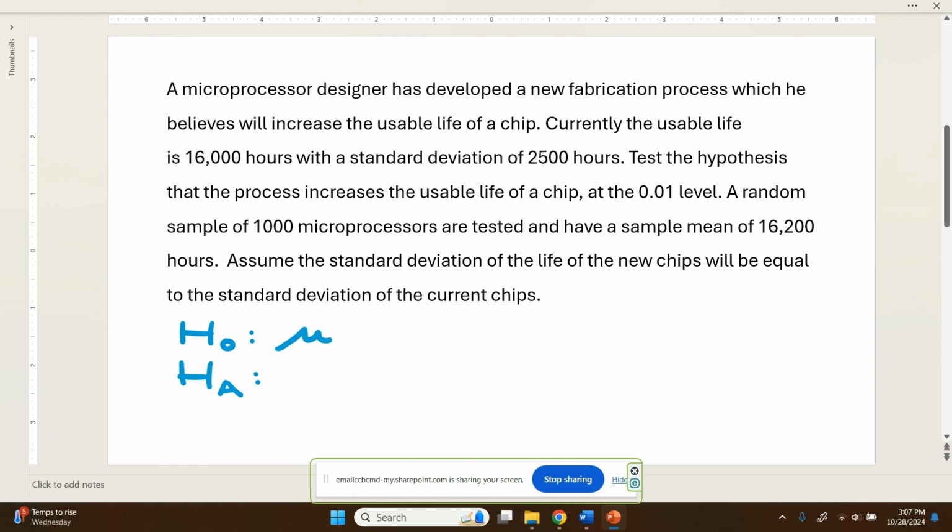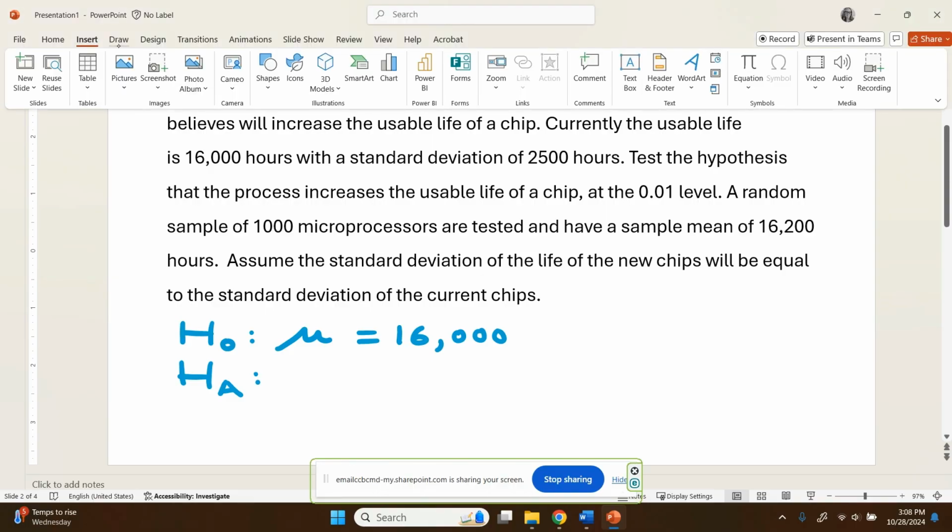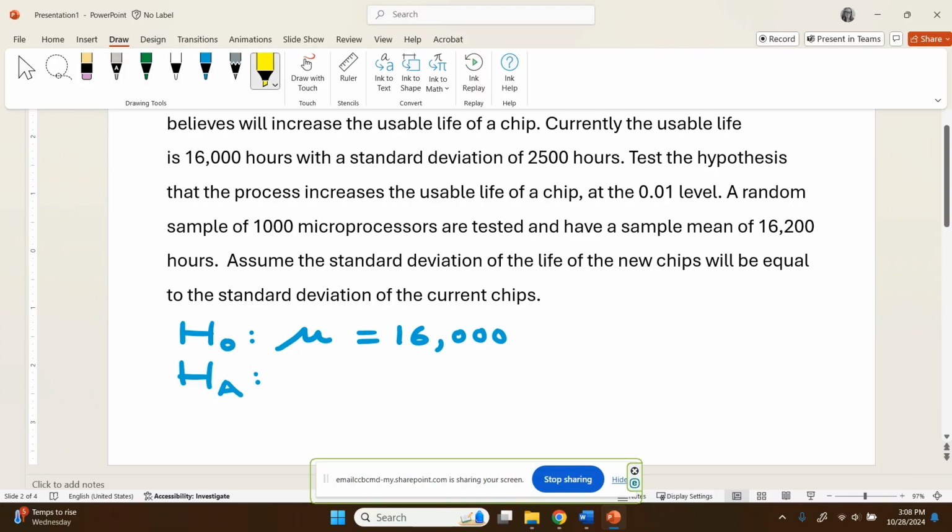So I'm going to set up my hypothesis statements, my null and my alternative. My population mean is going to be equal to the 16,000 that they told us initially. That's what they know about the life of these chips. It also says it wants us to test that the process increases.